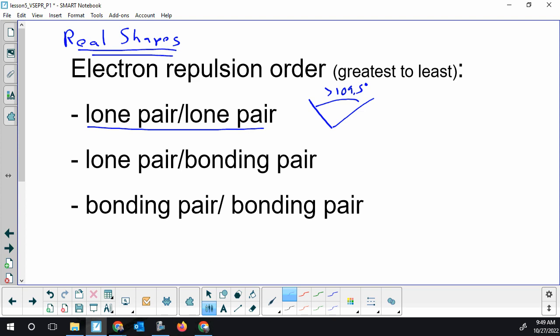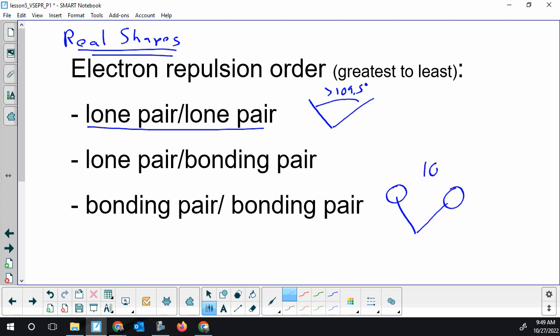Second in the ordering would be lone pair with a bonding pair. Okay. The least repulsion, less than we would expect, would be bonding pair, bonding pair. So we have a pair of electrons with an atom, a pair of electrons with an atom.